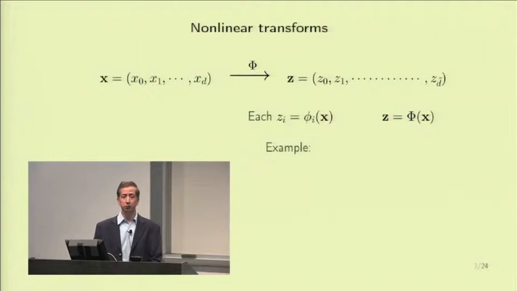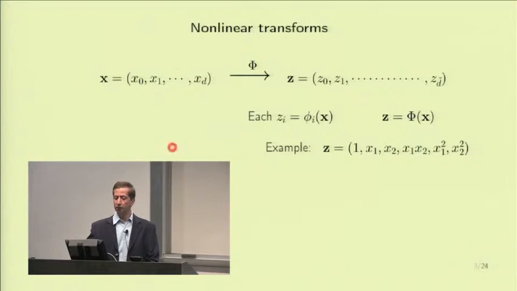An example for that which we used was second order. Instead of using linear surfaces here, we wanted to use quadratic surfaces. And quadratic surfaces in the X space correspond to linear surfaces in a quadratic transformed space, Z. So this would be the transformation. We got all possible factors that contribute to a second order term.